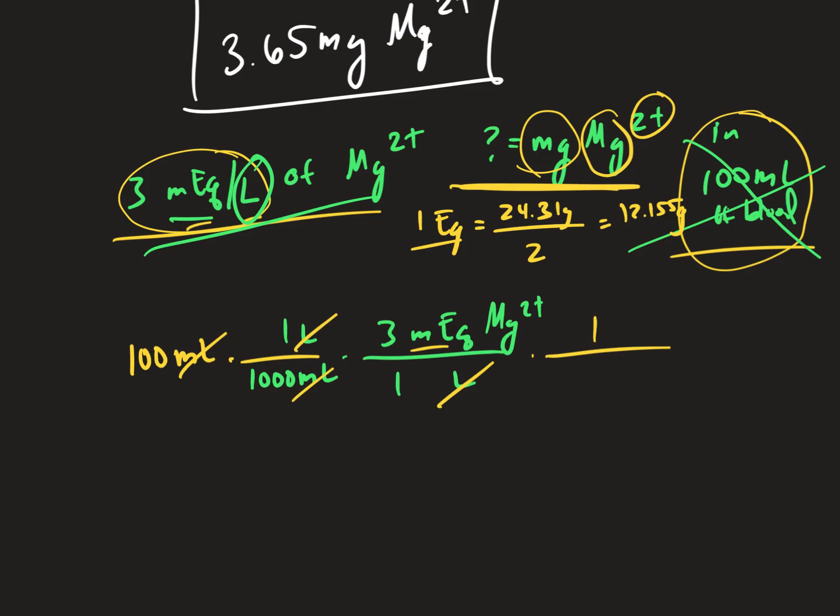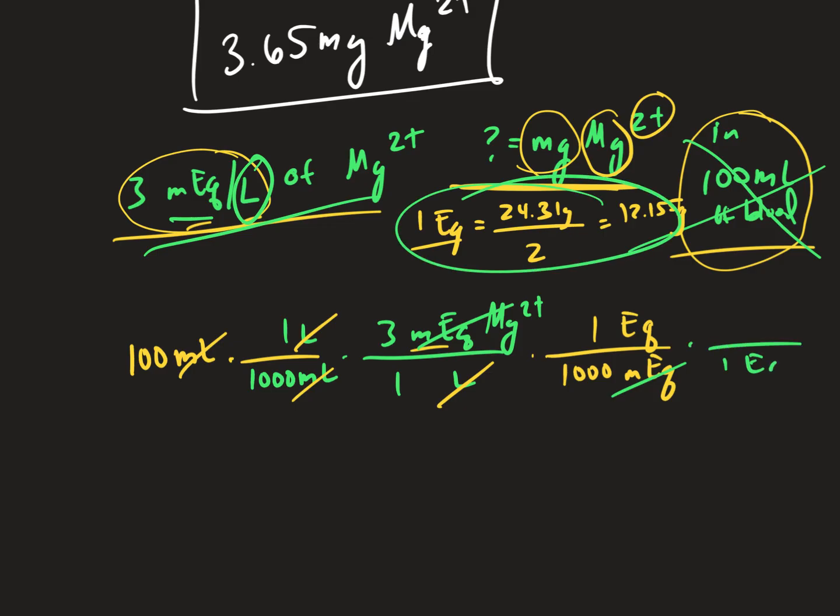No, so we want 1 equivalent on top, right? What goes on bottom? 1,000 milliequivalents. Are you with me, guys? So milliequivalents go away. Now we have equivalents, now we can use this, right? 1 equivalent goes on bottom, so it cancels. What goes on top? 12.155 grams.